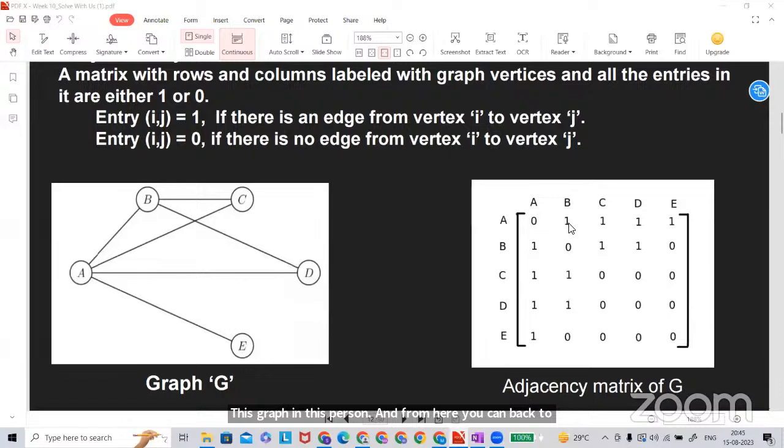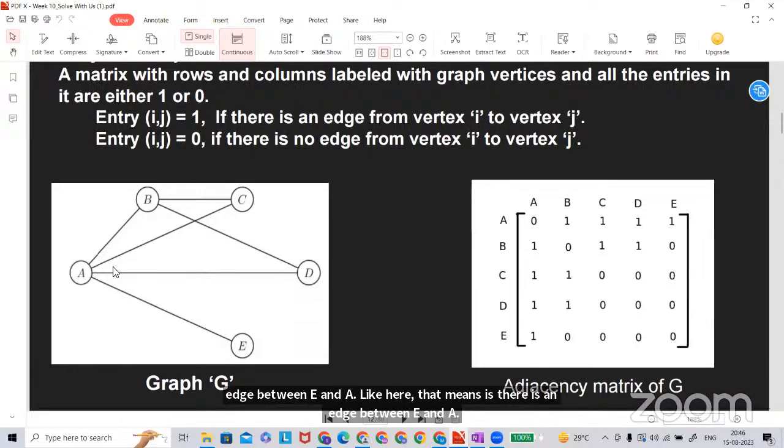Where there is a 1, that means there is an edge between A and B. Like here, if you say there is a 1, that means you have an edge in the graph between vertices A and C. Here again is an edge between vertices A and D. Similarly, here is E and A, so there is an edge between E and A. That's the process.